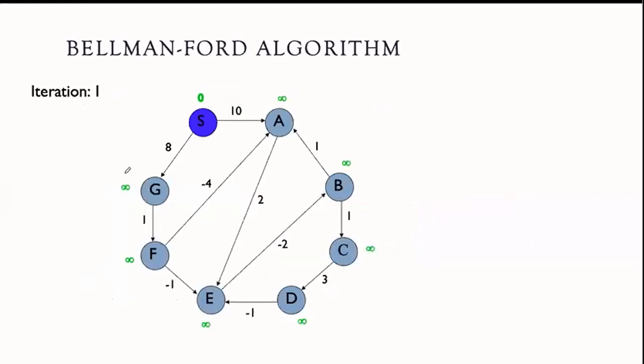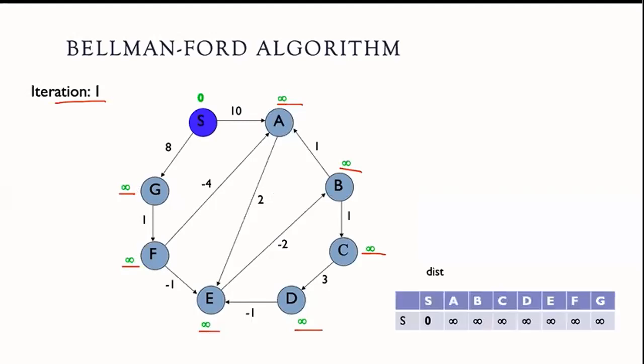Okay, we have not started the first iteration. Before that, see this: above each vertex, we have written infinite. This is nothing but the distance. The distance of each vertex, we have initialized to infinite, and the distance of the source is zero.